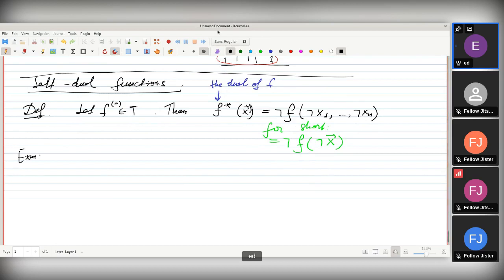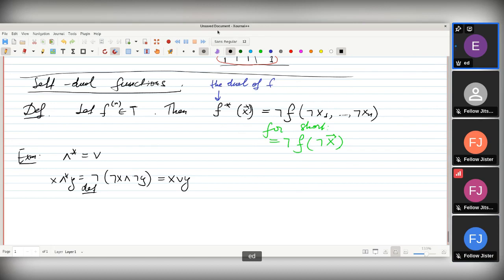As an example, we see that the dual of conjunction is disjunction. Why is it so? Easy. The dual of conjunction is by definition the negation of conjunction of negated arguments. So if we apply it to x and y, we would obtain this one, by definition. But we know that this is just disjunction.